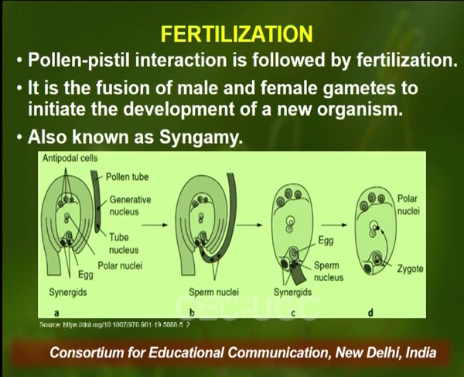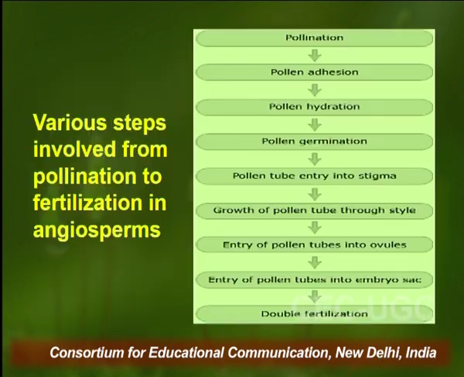You can see here that the pollen tube is discharging two male gametes into the synergid, and adjacent to the synergid are the central cell and the egg cell. So, one of the male gametes moves to the egg cell to fertilize the egg cell, and this is what is syngamy. The other moves to the central cell and it fuses with the two polar nuclei, right.